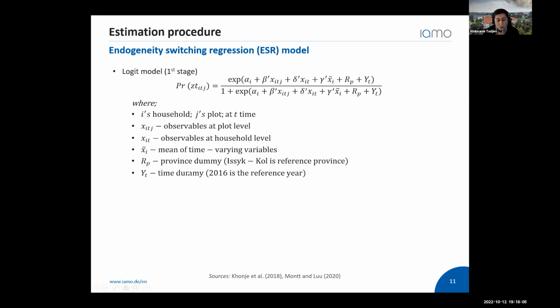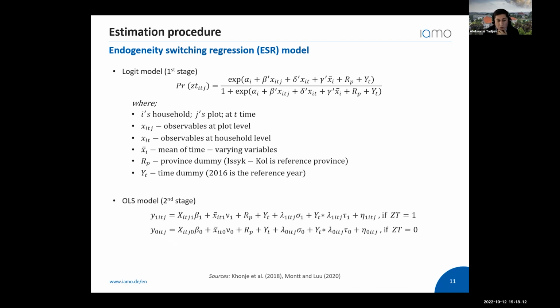In the second stage, a simple OLS model is used in two steps, for adopters and for non-adopters. The same variables are used in the second stage also. But however, in the second stage of the endogenous switching regression model, considering selection bias is important. Therefore, we compute the inverse Mills ratio, which was recommended by Heckman.